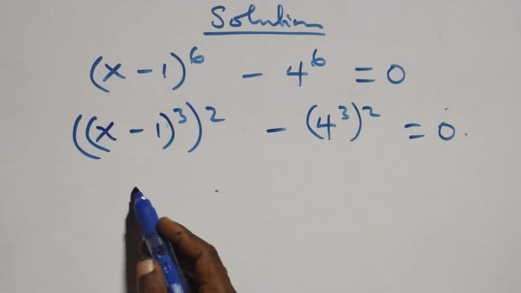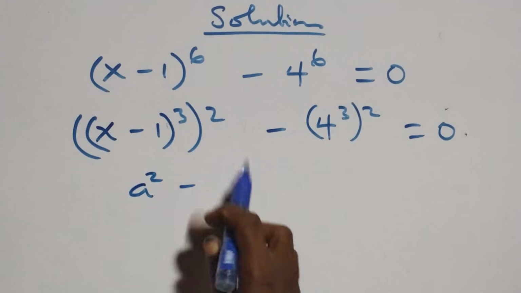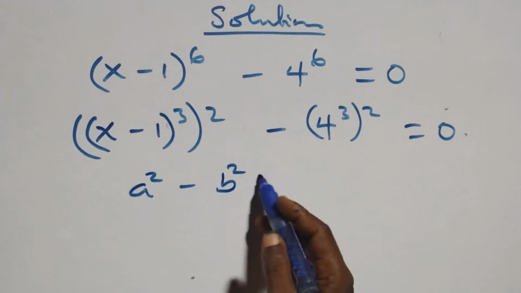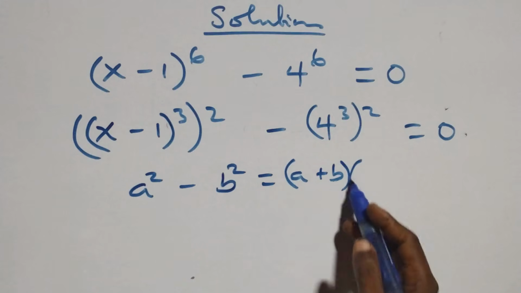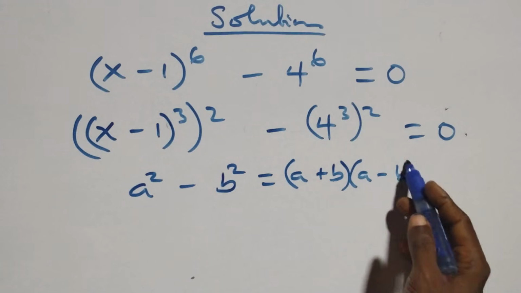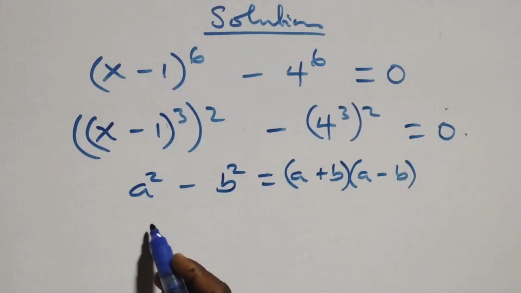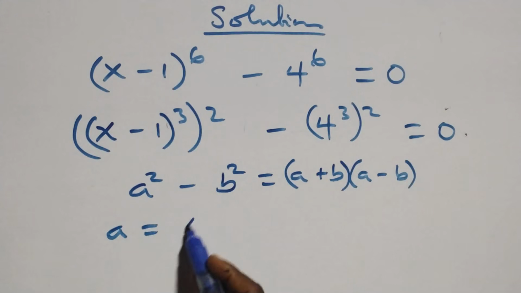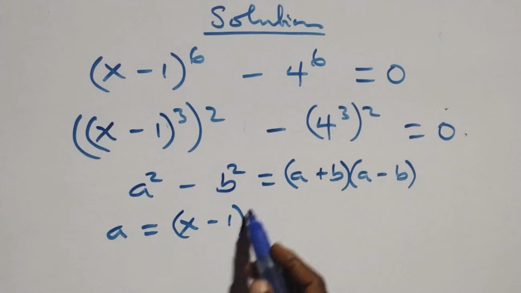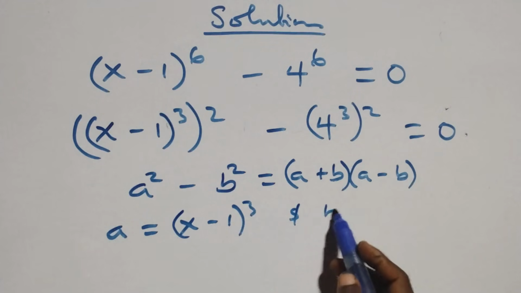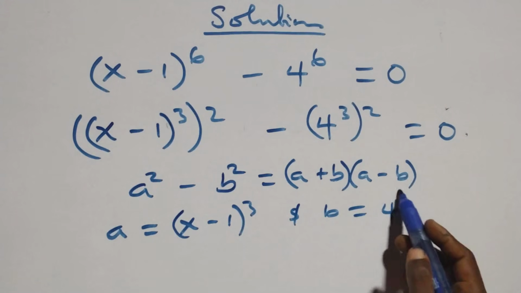Then this follows when we have a squared minus b squared, which is something as (a plus b) into (a minus b). Here, a standing as (x minus 1) all raised to power 3 and b standing as 4 raised to power 3.